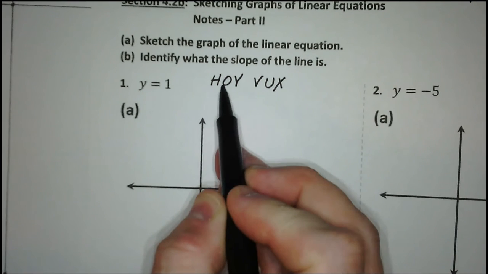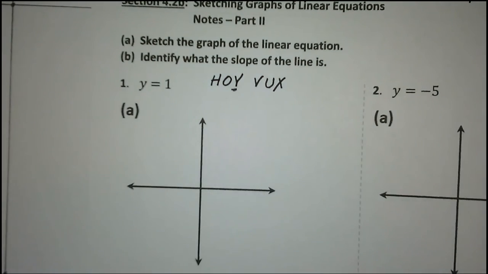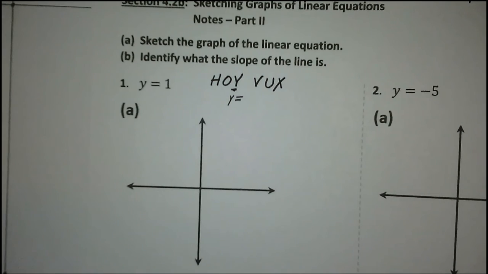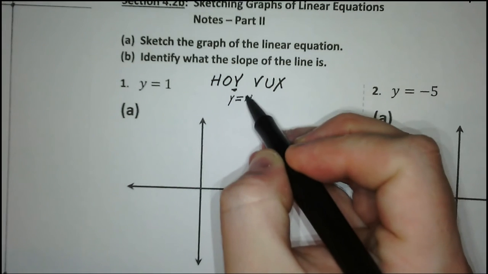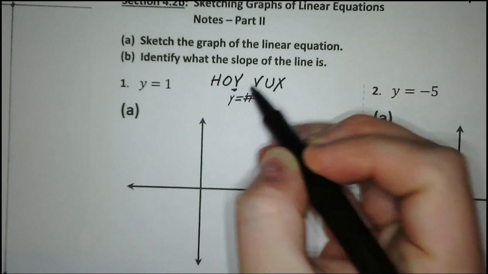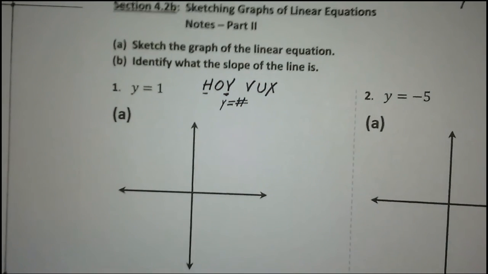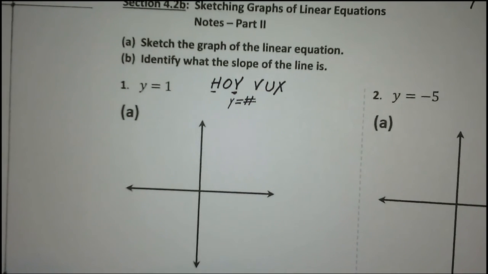See the y right here? If your equation only has a y, and it's y equals just some number, just like y equals 1, then your line is going to be horizontal.